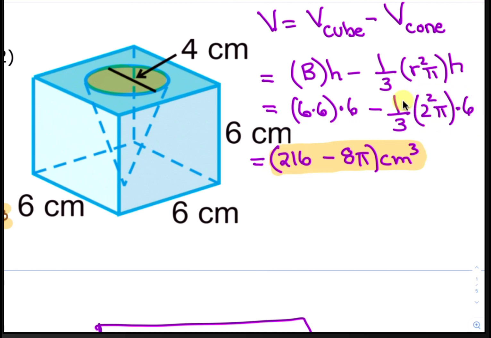And if we multiply the 1/3 times 2 squared times 6, we get 8, and then times the pi there. So that is a sufficient answer. And if we want to go all the way and multiply everything out, including the pi, you get 190.87 cubic centimeters.